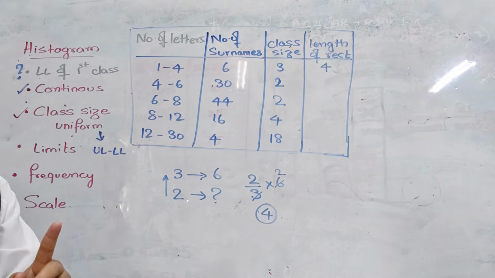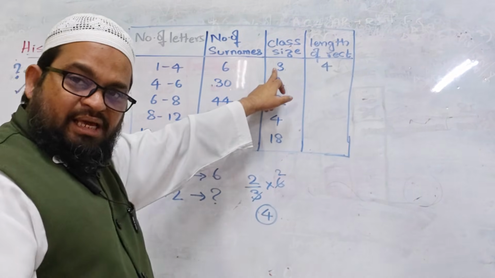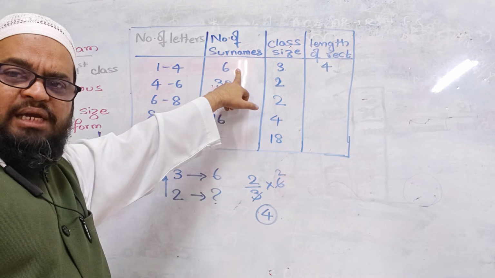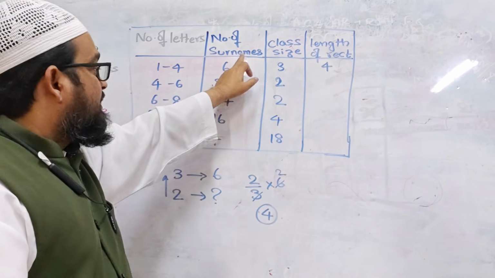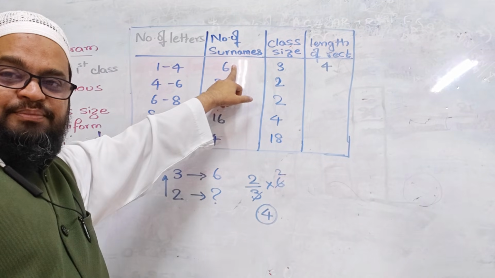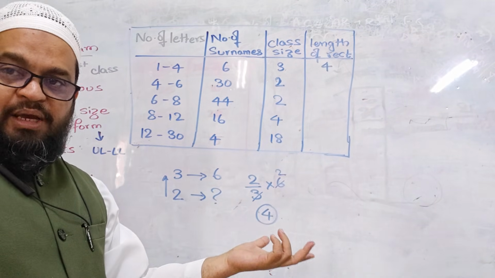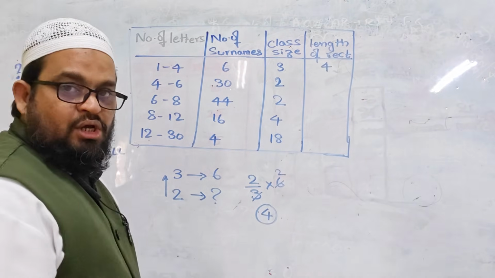If you do not understand, for class size 3, the frequency is the length of rectangle which we are going to take, so the length of the rectangle is 6. For class size 2, how much should it be? You can write it as 2 by 3 into 6.